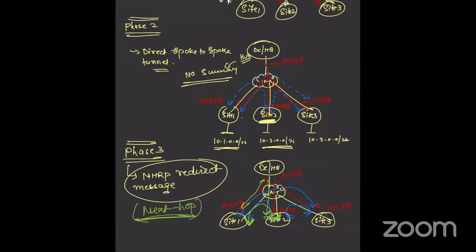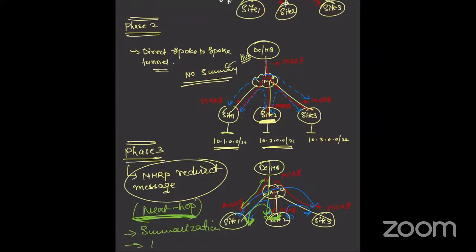Whatever protocol you want to run, you don't need to change the next hop, because now a new NHRP entry is present in your routing table. So this is going to remove the requirement of next hop change or no next hop change. And the other thing is now you can do summarization and default routing as well.